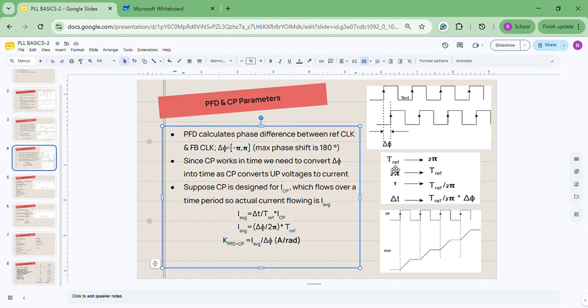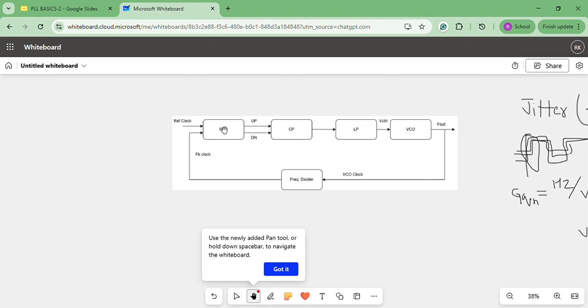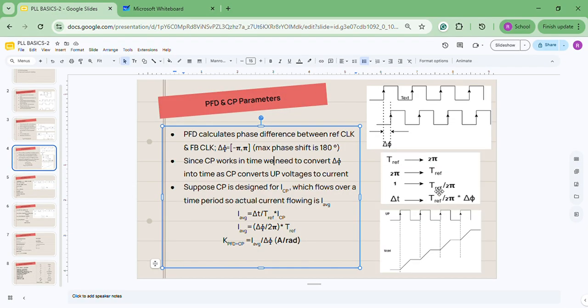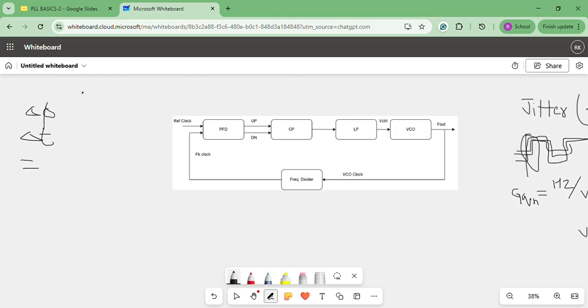Basically, we have converted this phase difference into time domain, because we want to analyze our circuit in time domain rather than in frequency domain. So this PFD will generate a phase difference delta phi, and that delta phi we have converted into delta t. So what is delta t? Delta t is T reference by 2 pi into delta phi.